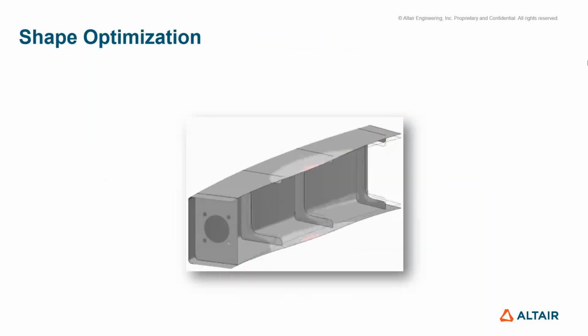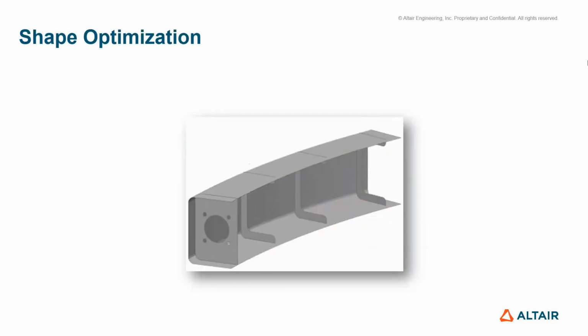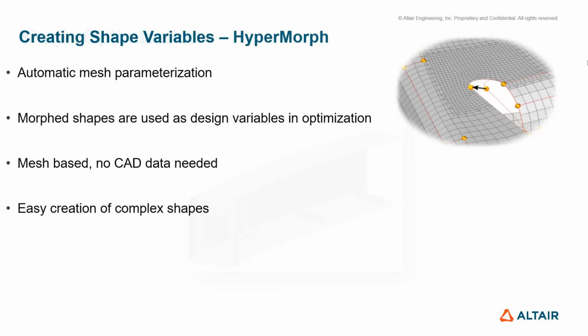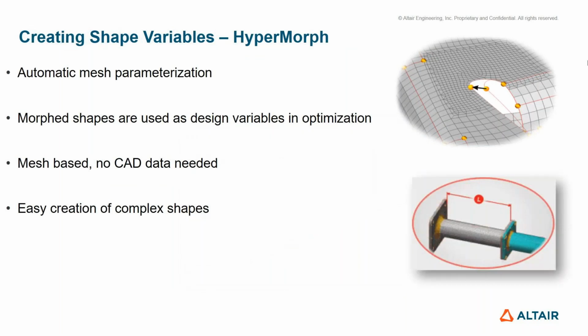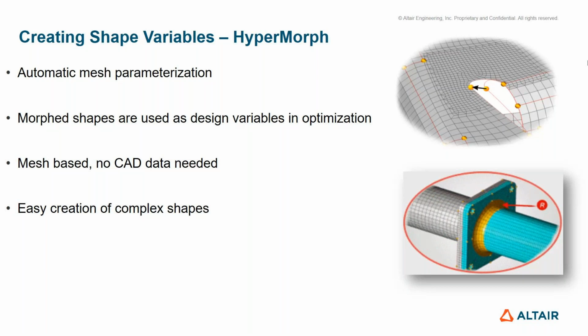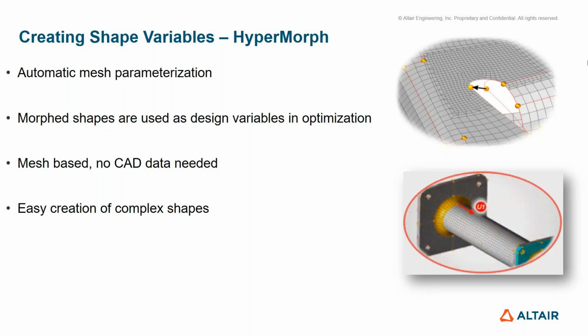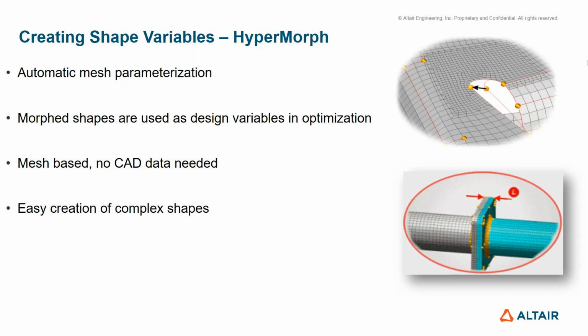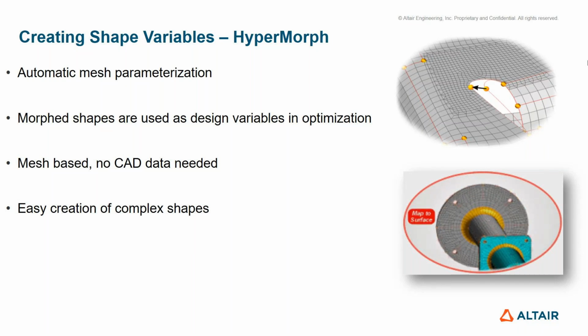And coming to shape optimization, shape optimization will help to optimize the shape of the component. You have to create the shape variables through morphing, which is available in HyperMesh. After creating the shape variables, you can define them as design variables in shape optimization.